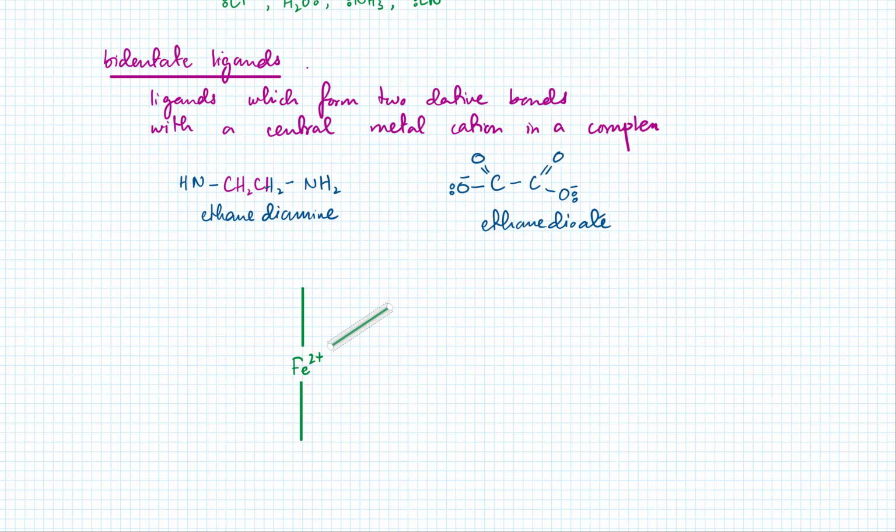There's going to be another one going into the board. इसको एक सेकंड सही कर लें. Yep, that's fine. And this one's supposed to be a dotted line, that shows it's going into the board.